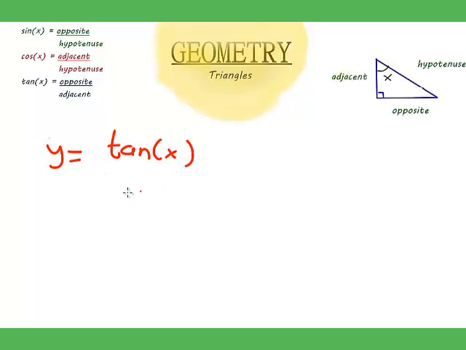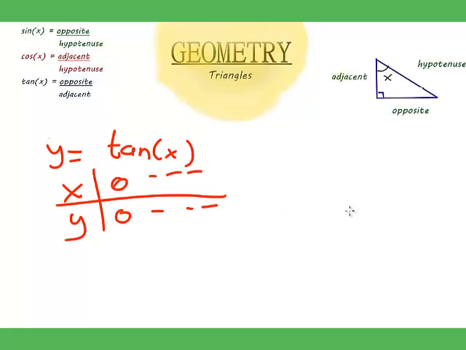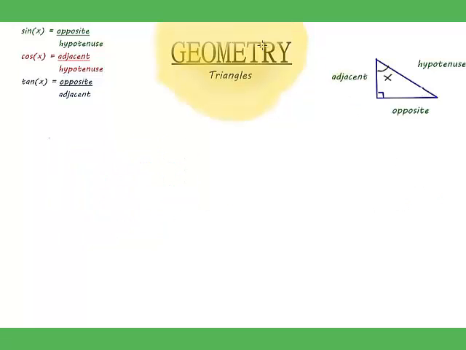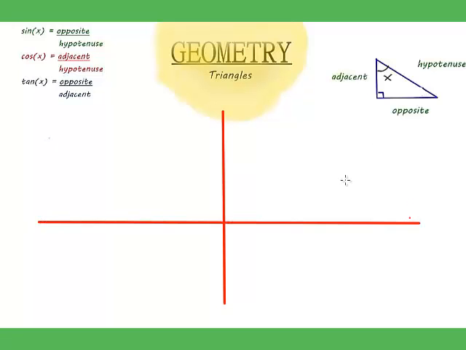We could, of course, make a chart, x and y, with x equals 0, y equals 0, and so on and so forth. And if I try and graph tan x, we would get something. If this is the y-axis, this is x, this is the origin, it would look something like this.